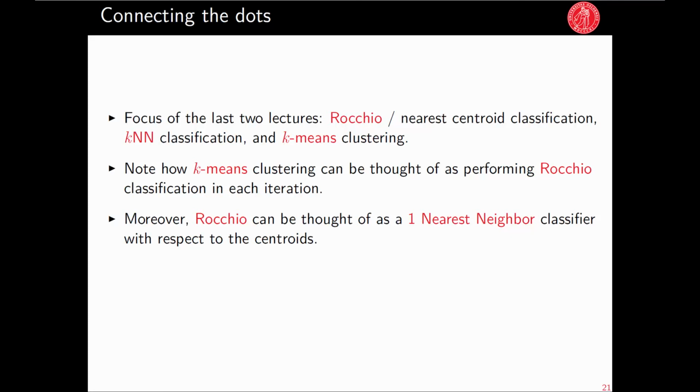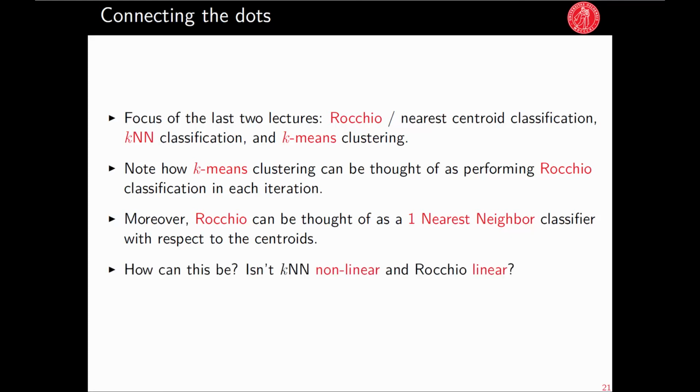We only compute these neighbor relations with respect to the centroids, not the other class members. We treat the centroids as our only data objects, and then we perform one nearest neighbor classification with respect to those. Does that sound weird to anyone? That we can state that equivalence?